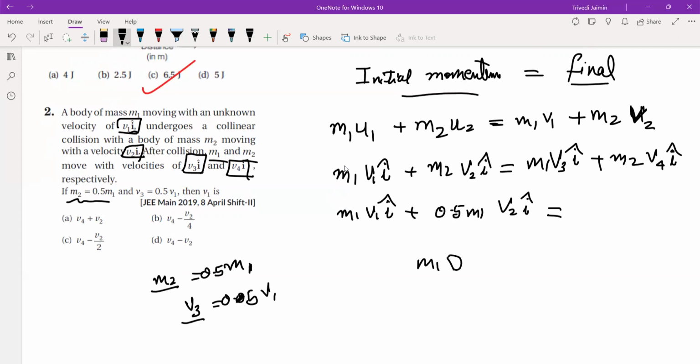V3, instead of V3, we are writing 0.5 V1 I cap, plus, so actually these are all I cap, so no need to write. M2 is 0.5 M1 and V4 as it is. So we have M1 everywhere. Let's cancel this.